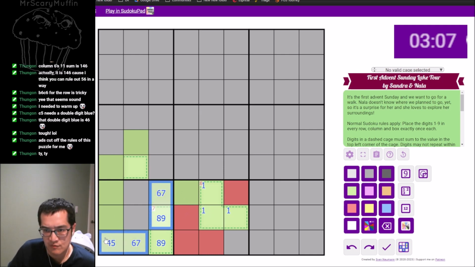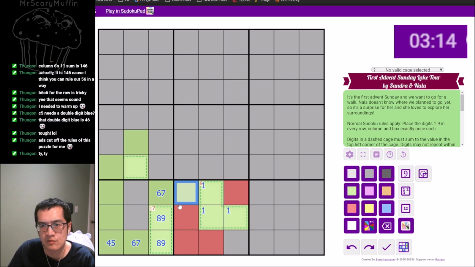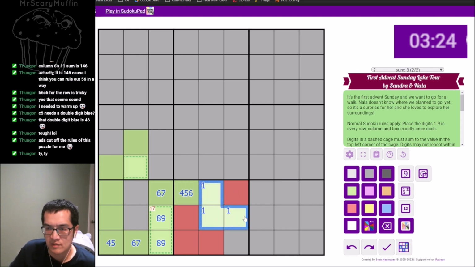We're not going to go too much further that way, but 6 or 7 could go to a 4 or 5, but it could also go back up to an 8, 9. The problem with going up to an 8 or 9 is that we wouldn't be able to touch any numbers here, the highest of which can be a 5. So 4 here means we could go as low as a 2, so this can't be a 1 anymore.